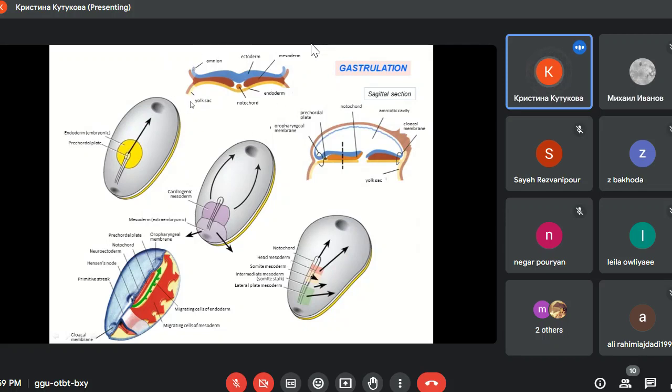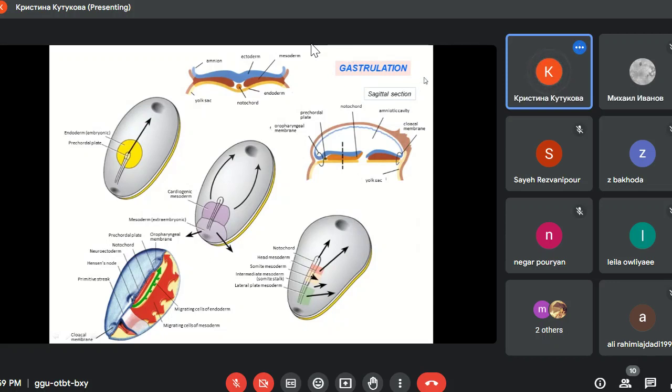Now as a result of the second stage of gastrulation, if we make a section of the embryo, this is a cross section if we cut it like this, and this is a sagittal section if we cut it like this along it. This is what we will see.